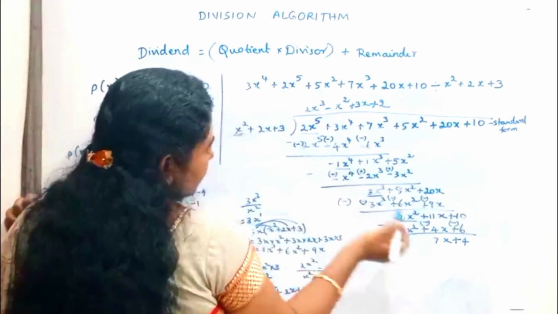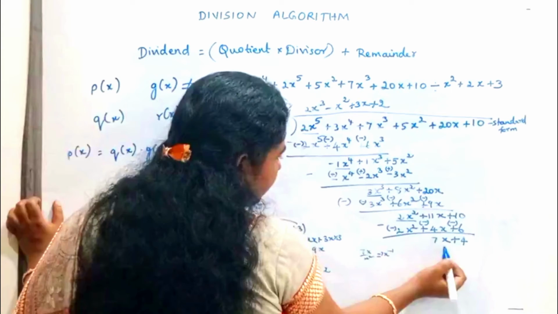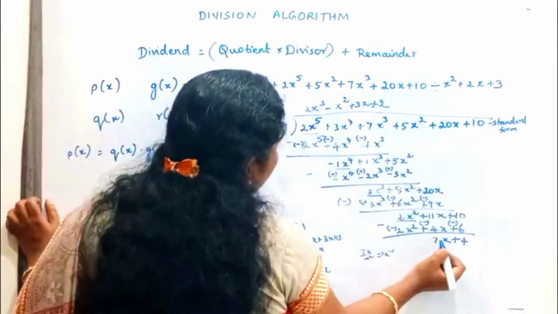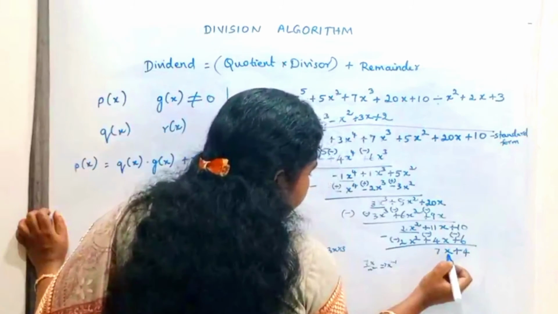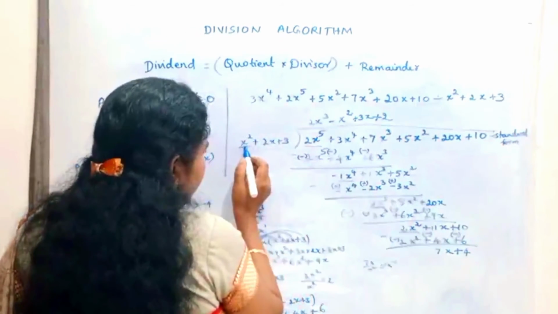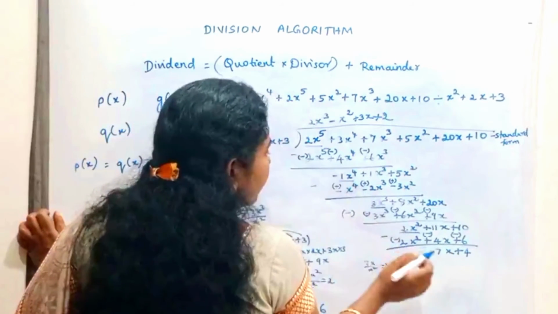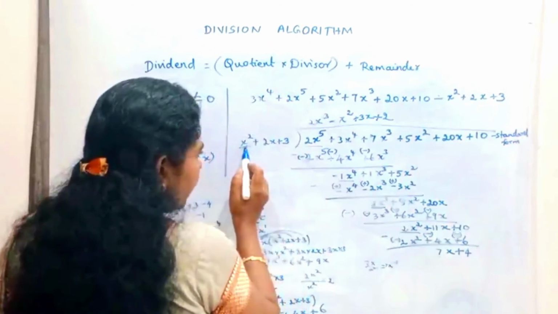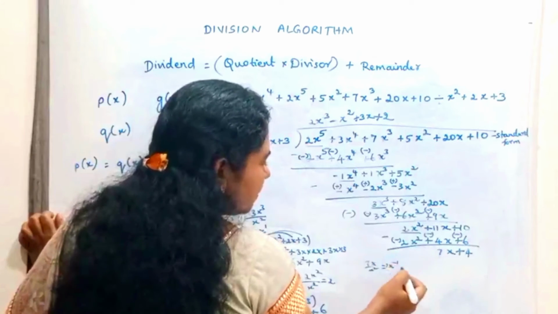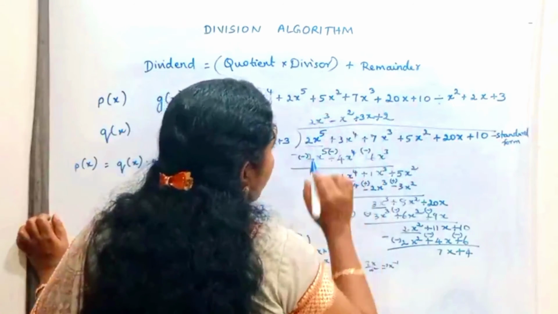So that means when we are deciding whether to stop or not, when the power of the variable in this term is equal to or greater than the power here, we can proceed. If the power here is less than the power here, we have to stop there itself, because if we are not stopping, we will be getting negative powers, and if we write that, this will not be a polynomial.